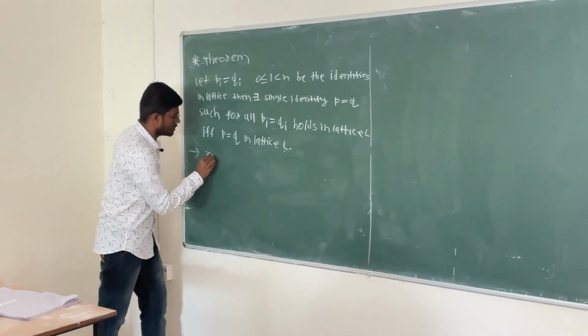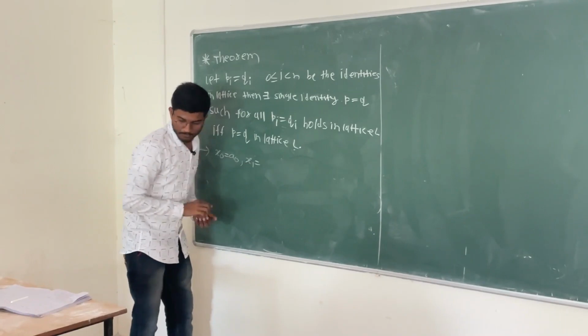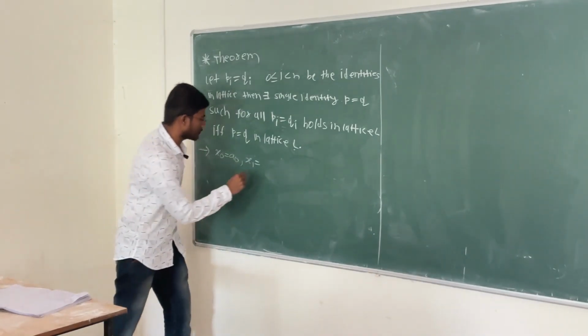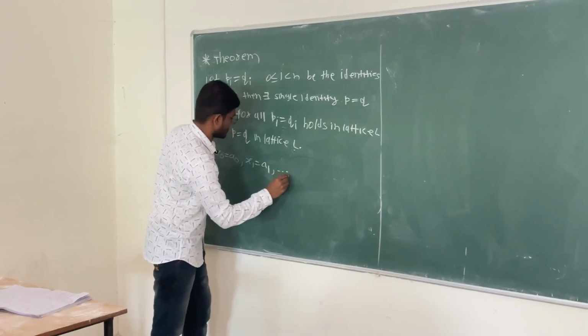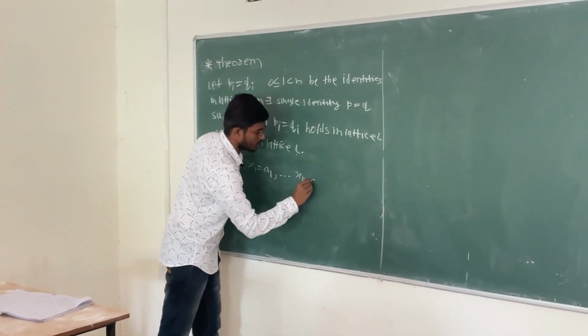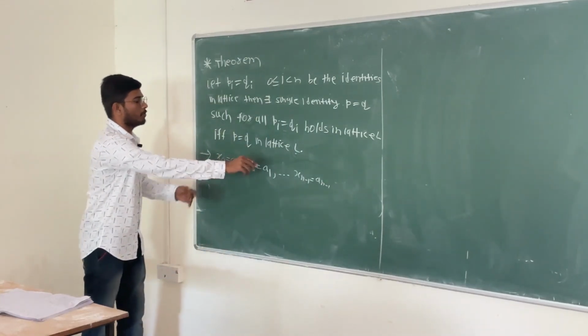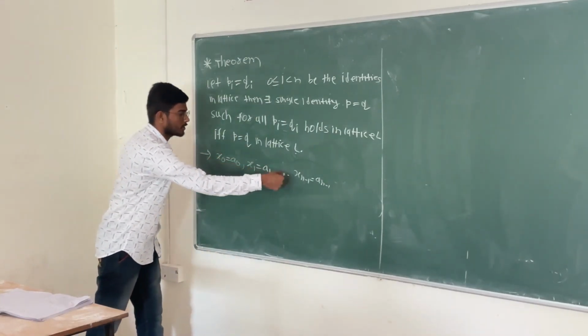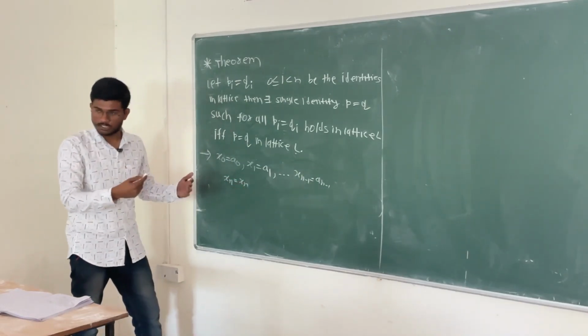Consider that x0 is equal to a0, x1 is a1, up to x_{n-1} is a_{n-1}, and the variables further than this we are considering to be equal. These are the assumptions.